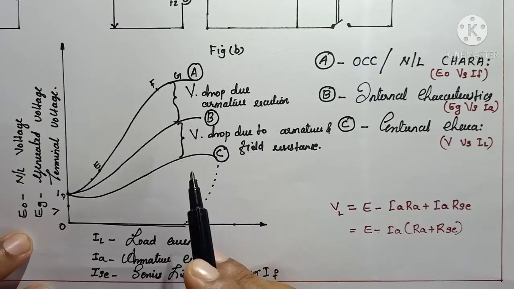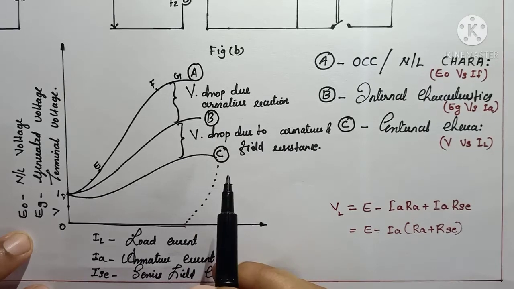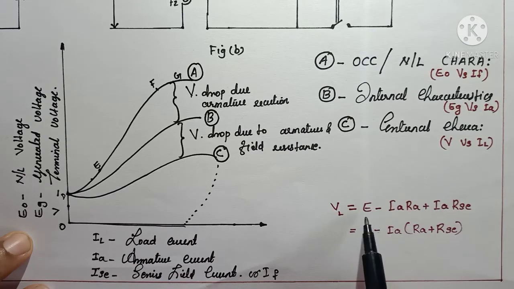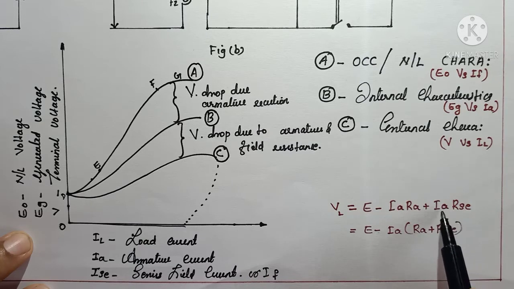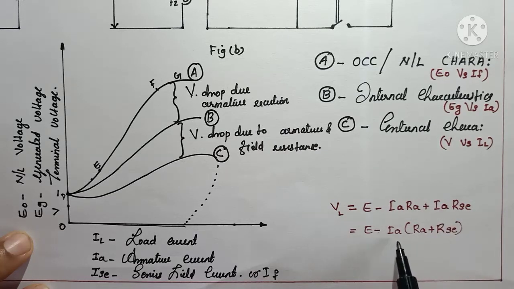These external characteristics include one more voltage drop, due to armature and field resistance. Here we can see that VL will be equal to E minus IA RA plus ISC RSC, but we know that in series generators IA is equal to ISC is equal to IL, so I can write it as E minus IA into (RA plus RSC).